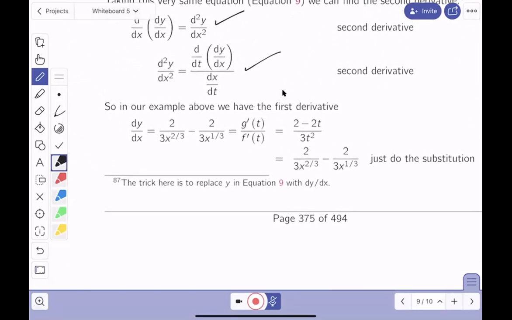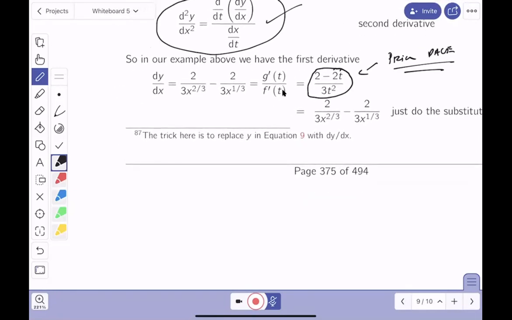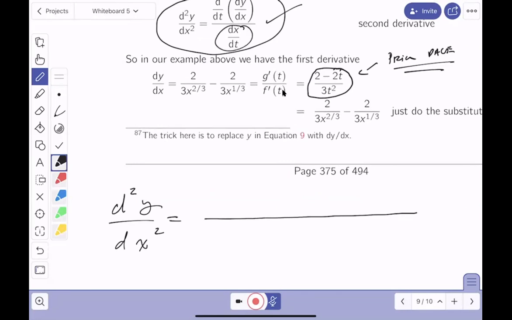So I think we did this before. Do you remember? Now I want to see if I can do this. By the way, we did this on the prior page. All right. I want to see if I get the second derivative though. I want to see if I can do d2y/dx squared. All right. What goes on bottom? dx/dt.